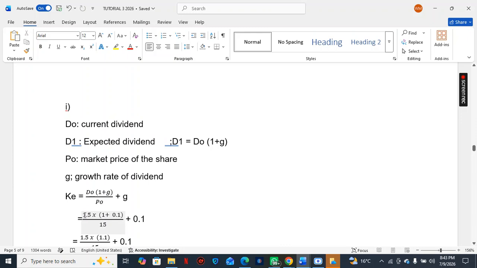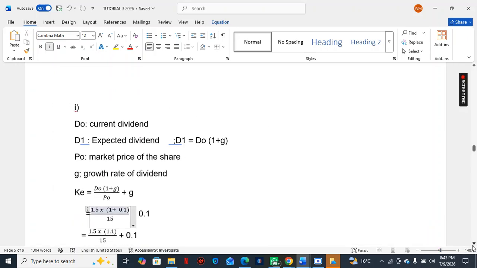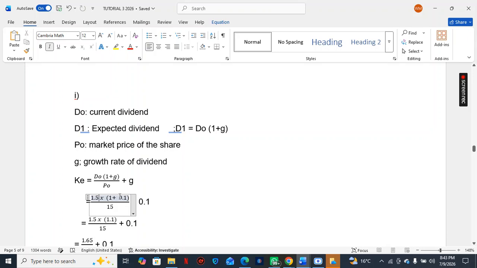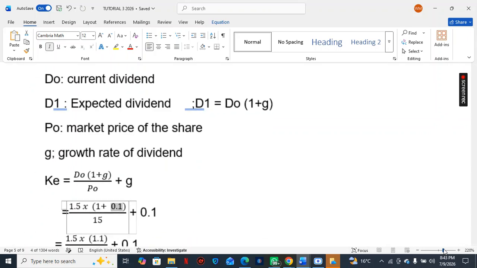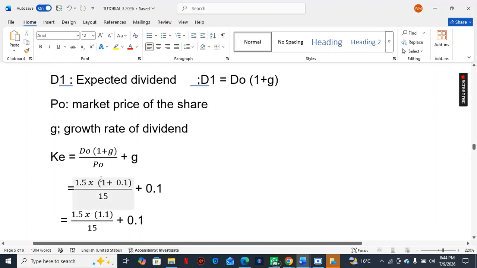D0, 1.5, multiplied by 1 plus the growth rate. Growth rate is 10%, which is represented by 0.1, over P0, the market price, which is 15, plus the growth rate 0.1.